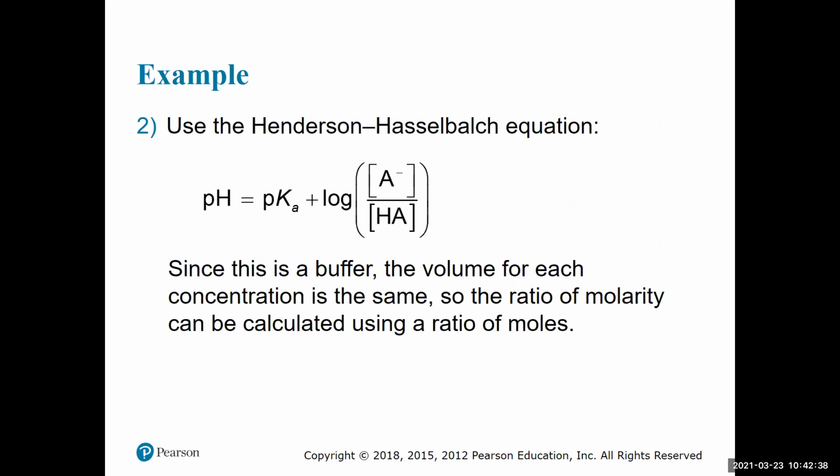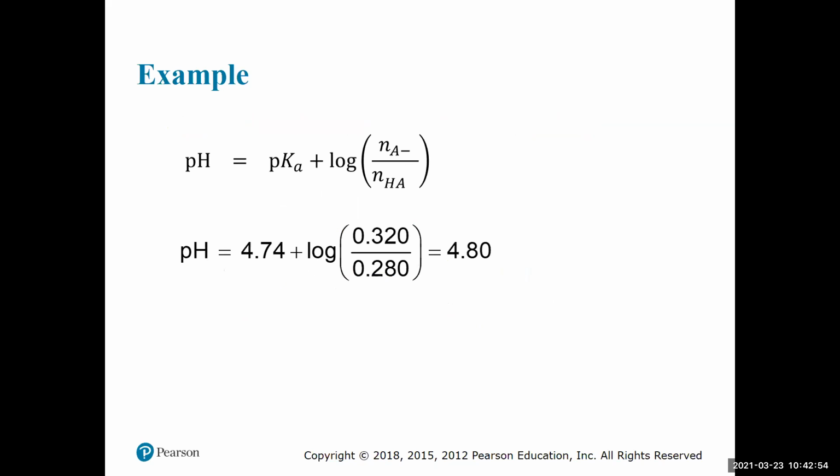Remember that was pH equals pKa plus the log of the concentration of the anion divided by the concentration of the acid. We go ahead and put in the values we just calculated. So 0.320 divided by 0.280, take the log of that.